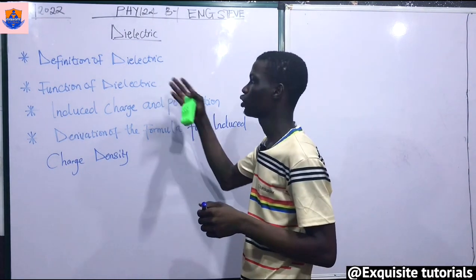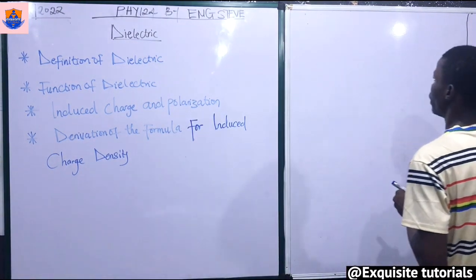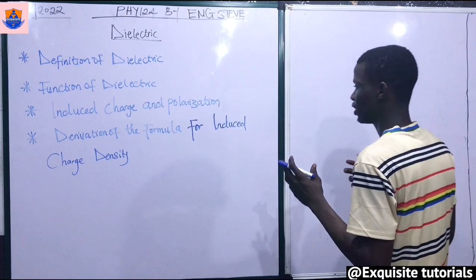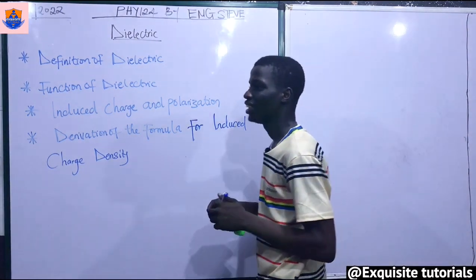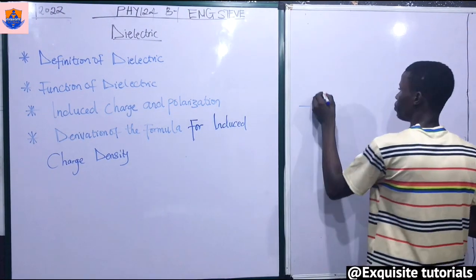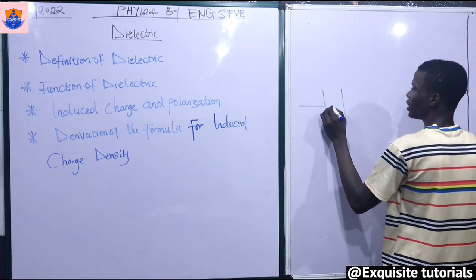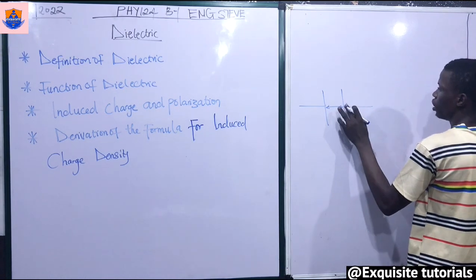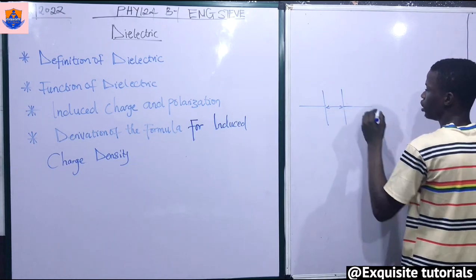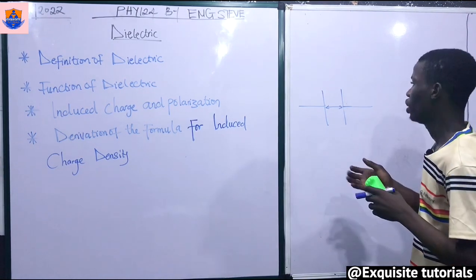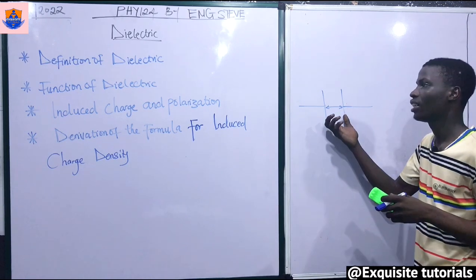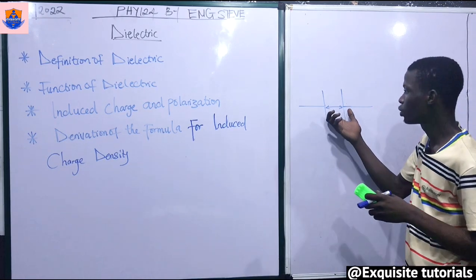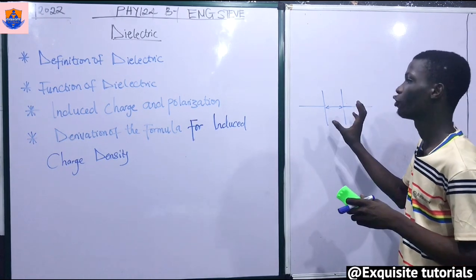Then, the function of a dielectric: it ensures that the large metallic plates are placed at a small distance from each other. The dielectric ensures that there is a spacing induced between the two metallic plates of a capacitor.